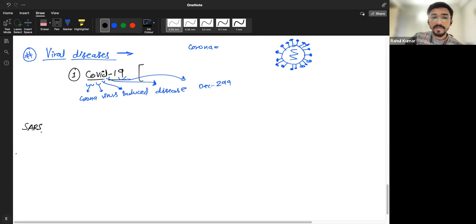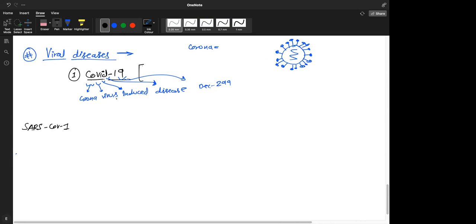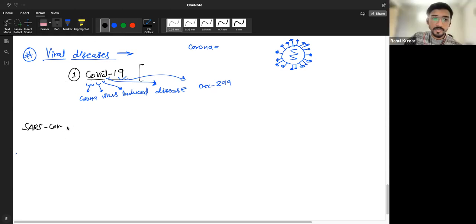The virus there was also a coronavirus. It was known as SARS-CoV-1 when it happened before. COVID-19 is called SARS-CoV-2. It belongs to the same class. It's a cousin.